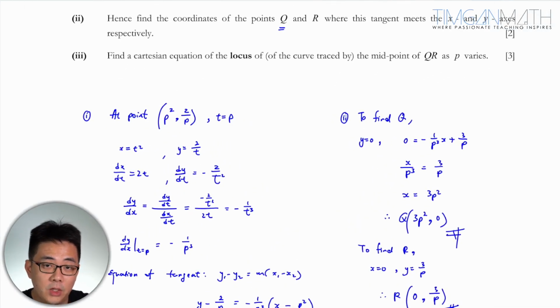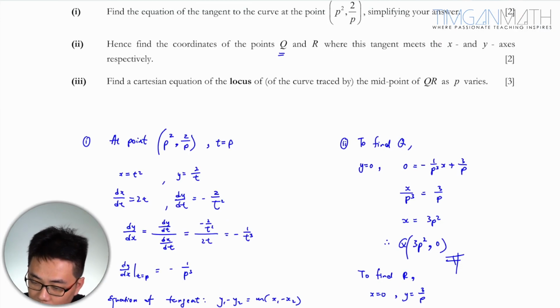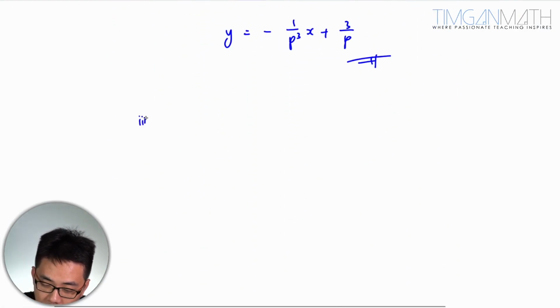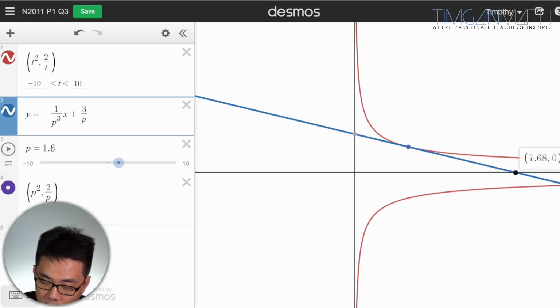So for the third part, find the equation of the locus of the curve traced by the midpoint QR as p varies. We know that this is a tangent, with Q over here and R here.